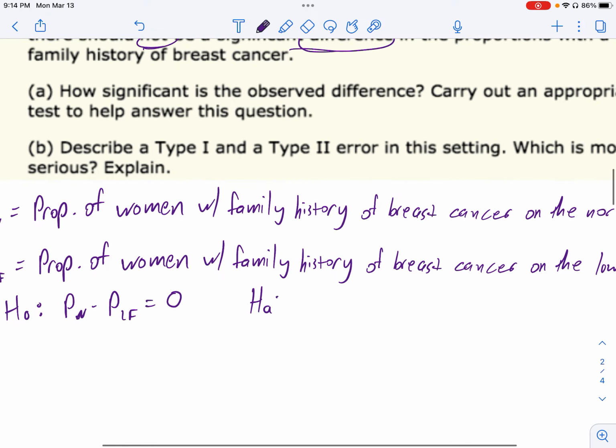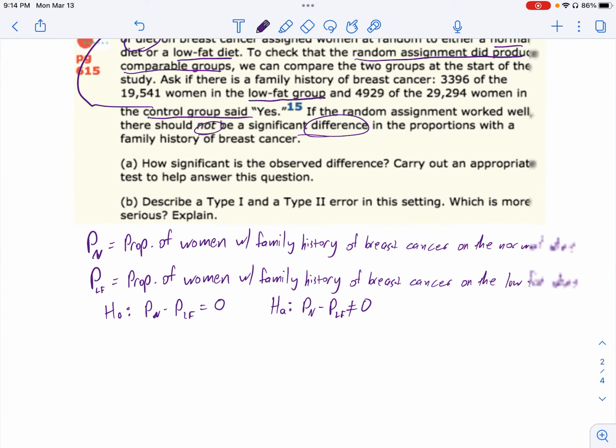Okay, so if we subtracted them, it's not leading you to a less than or a greater than sign. It just says not different. Okay, so those are them. Name the test. Two sample proportion z-test.